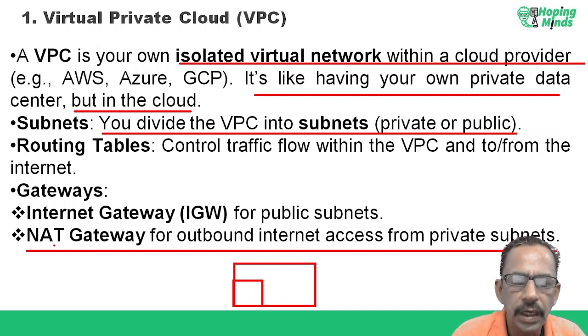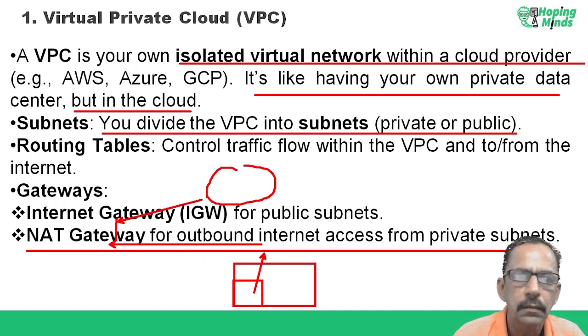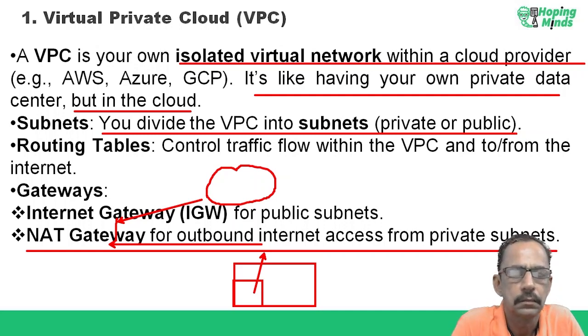So read carefully: NAT gateway is for outbound internet access from the private subnet. The request created from the private subnet is always outbound. The request goes to the NAT gateway, and the NAT gateway routes the traffic to the internet gateway, and then it goes to the internet. So the internet gateway is directly for the public subnet and the NAT gateway is for the private resources. Okay.